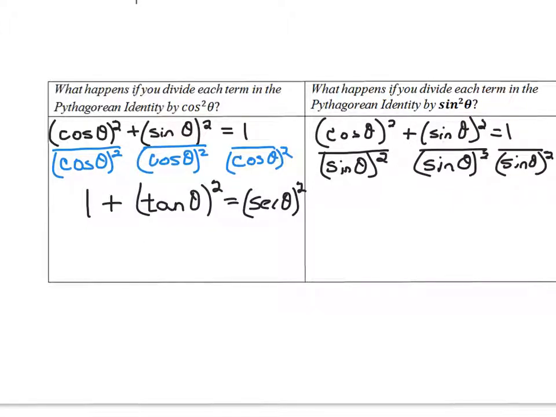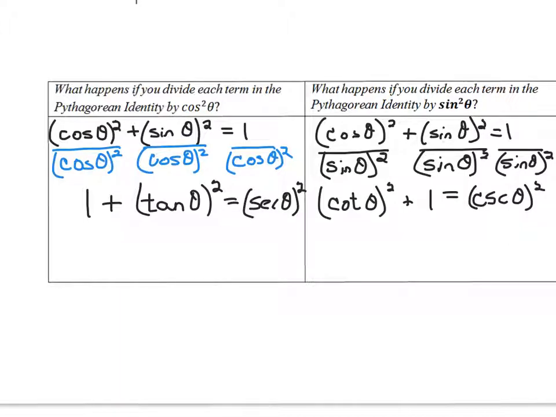So in the case of the first term, cosine theta divided by sine theta should be cotangent. Since they're both squared, I'm going to say cotangent theta squared. Plus, sine theta squared divided by sine theta squared is 1. And 1 divided by sine of theta is cosecant of theta. And again, since it's squared, I'm going to say cosecant of theta squared.